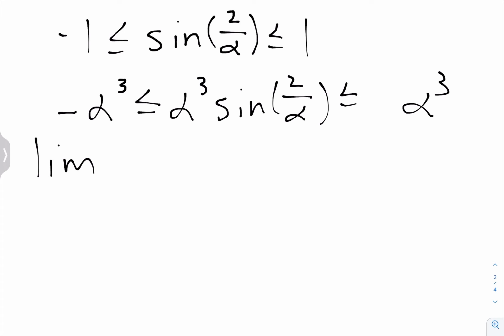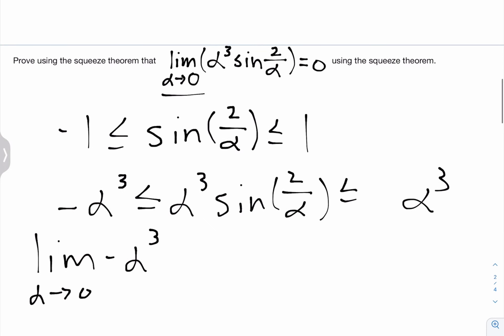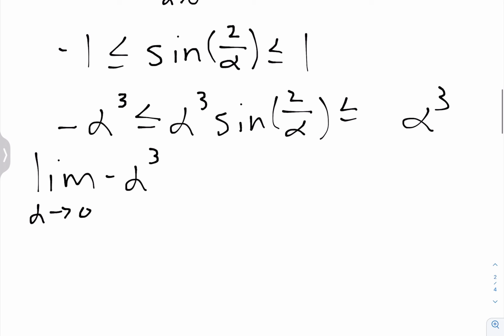So the limit of negative alpha cubed as alpha approaches 0, because remember in the question that's what we're analyzing, is going to be less than the limit of alpha cubed times sine of 2 over alpha. Oh, sorry, I didn't write the limit here.